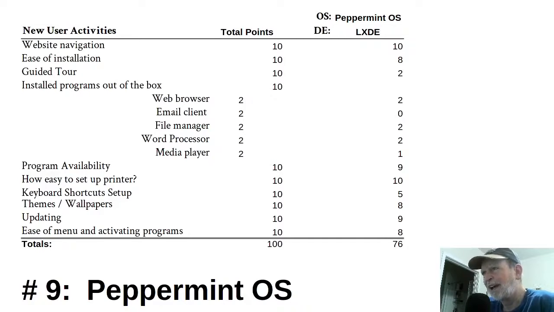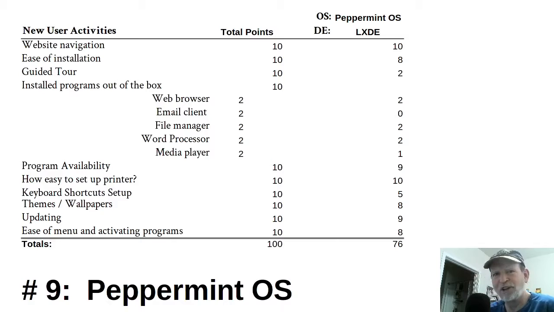Some users, like when I came over to Linux, I had my standard keyboard shortcuts I used on Windows. I set up my programs to open up like Control Shift W, I always open up my word processor, which I used at the time was LibreOffice on Windows.